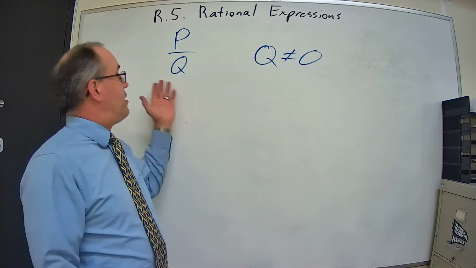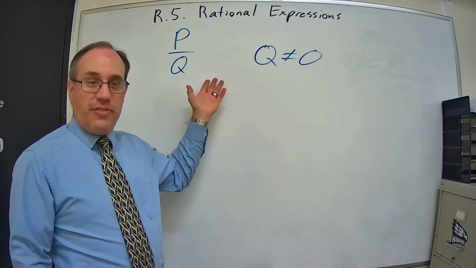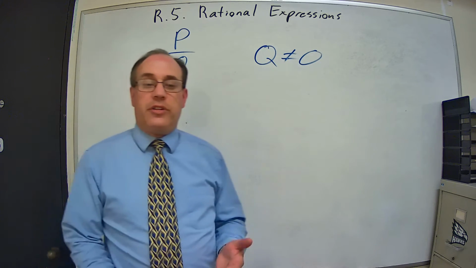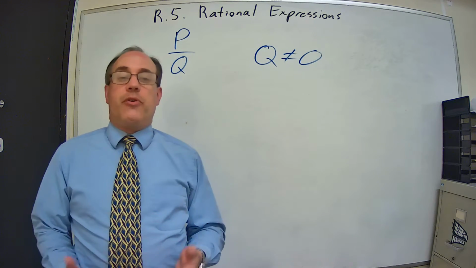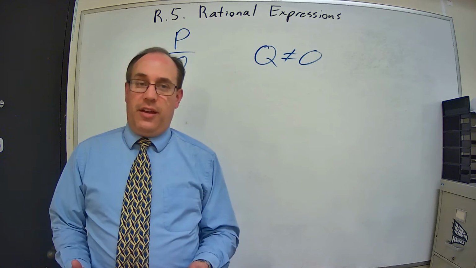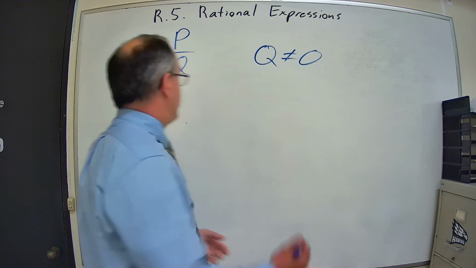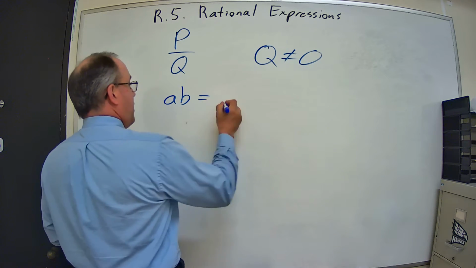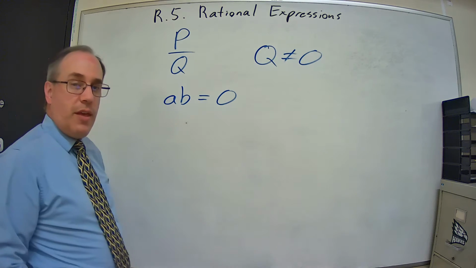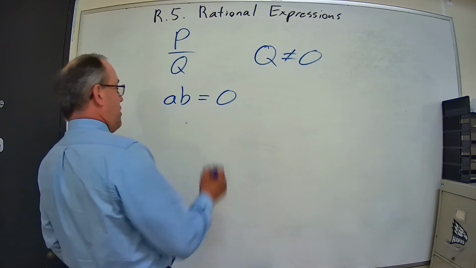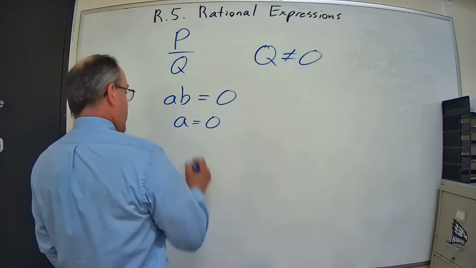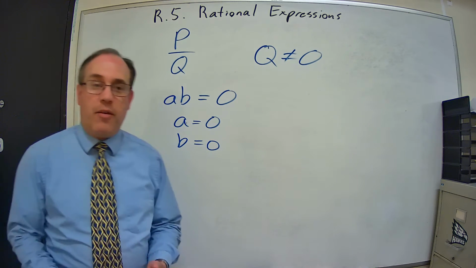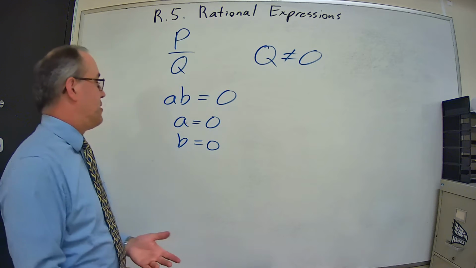Now, if we're trying to find those values that will make Q equal to 0, we need to remember the zero factor property. Right? Zero factor property says that if you take A times B and it's equal to 0, that can occur if A is equal to 0 or if B is equal to 0. Because anytime you multiply a number by 0, you get 0.